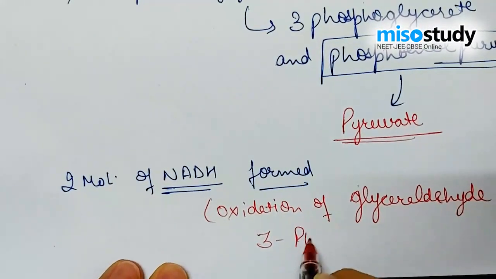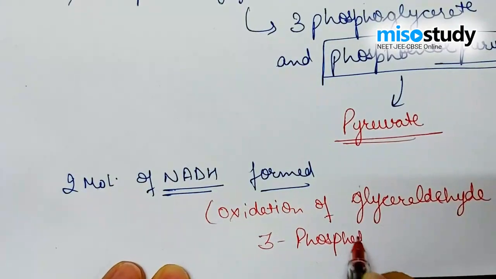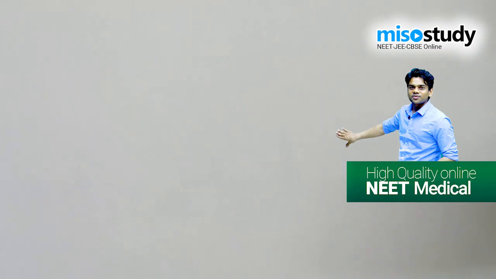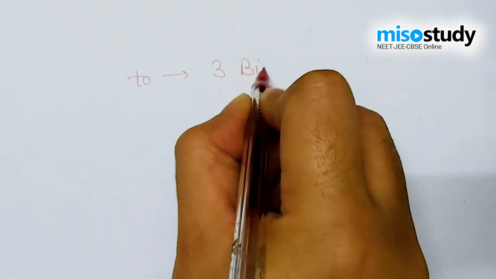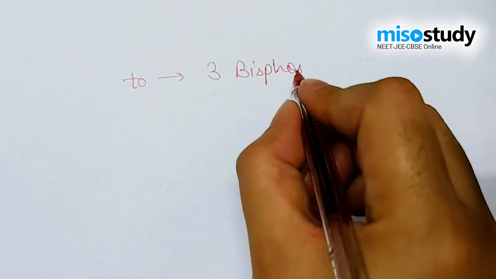Glyceraldehyde 3-phosphate to 1,3-bisphosphoglycerate.